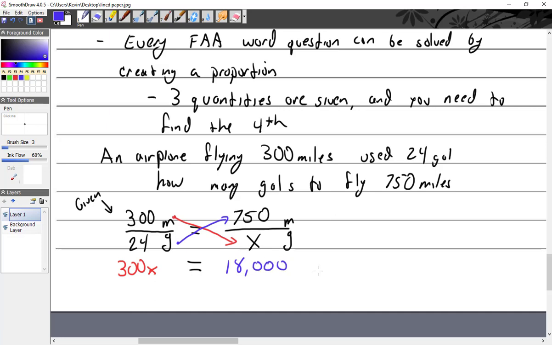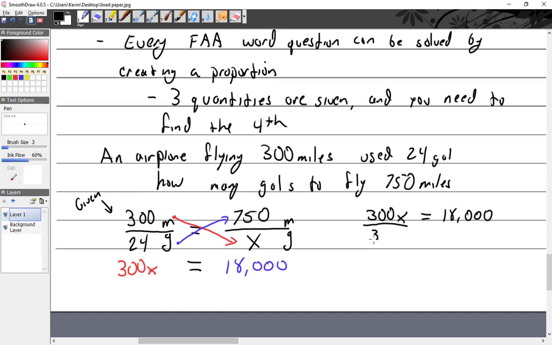Now we have to solve 300x equals 18,000. That's another way of saying 300 times some number equals 18,000. Intuitively you might think we can just do simple division, but let's do it the long way. I want it to be just x, so I divide by 300, and it will become 1.